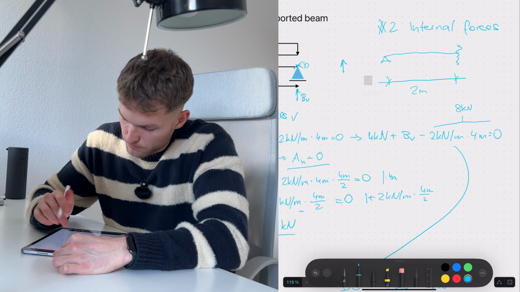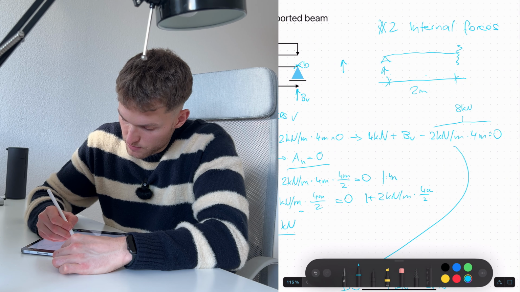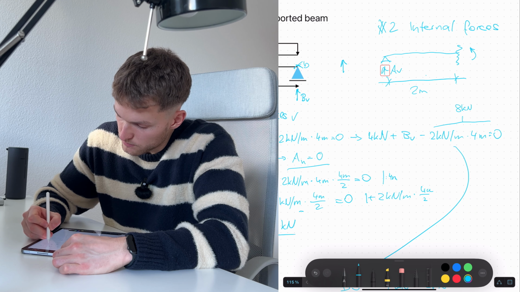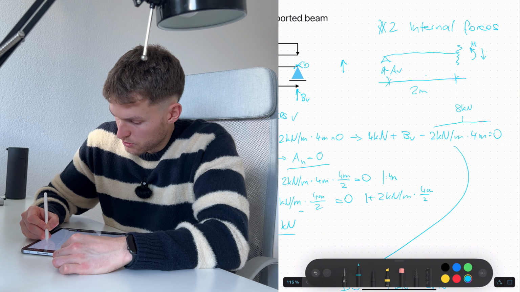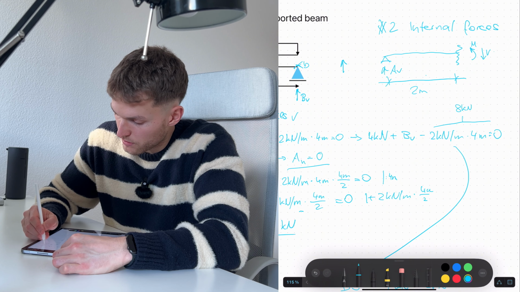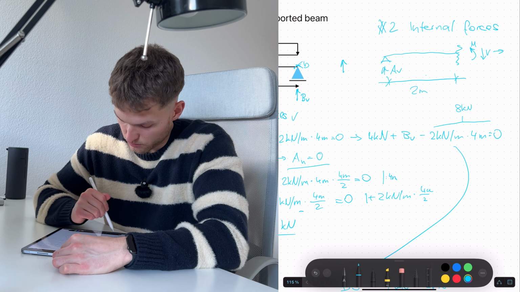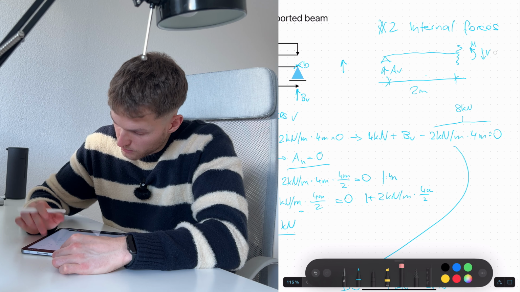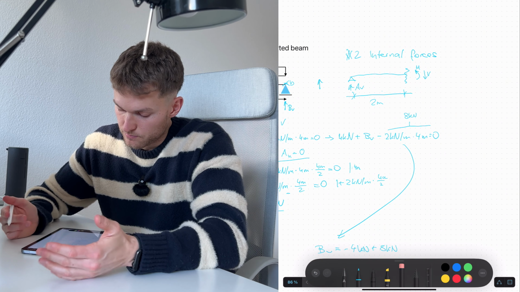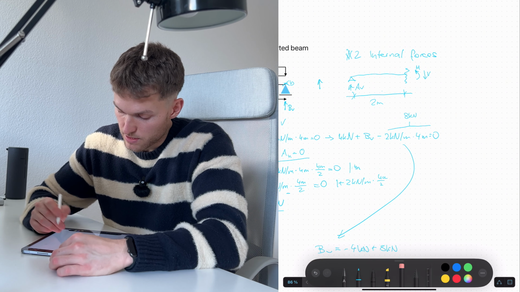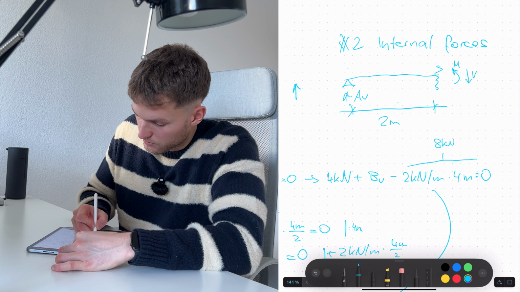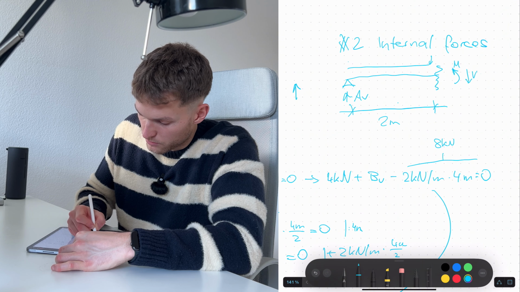We have our reaction force AV, and then our moment, our shear force, and then usually we have a normal force, but that's 0, so we leave it out for now. And basically we can do exactly the same again. And one thing I forgot is we also have to add our line load.